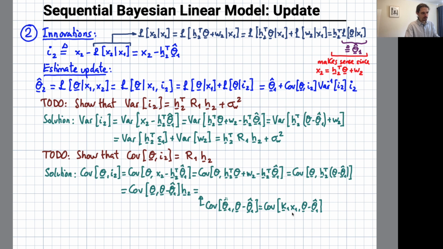And here what we just need to realize is that this was the data in step 1 and this was the error in step 1, and therefore since the data and the error are uncorrelated, this covariance is 0.